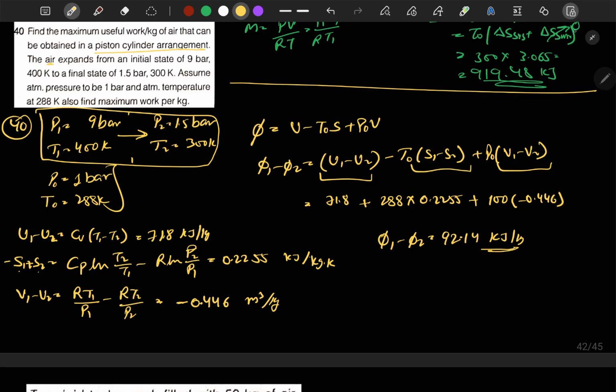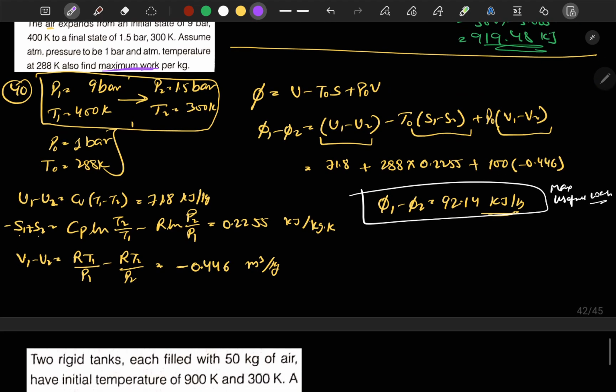So this should be our answer. This should be the maximum useful work done per kg. Now in the question it is asked about the maximum work. So for the maximum work, we can directly drop this term. It will be u1 minus u2 minus t naught into s1 minus s2. This is the maximum work.